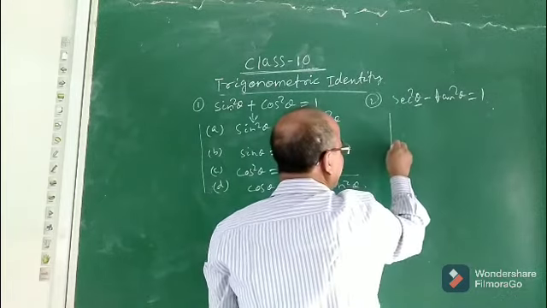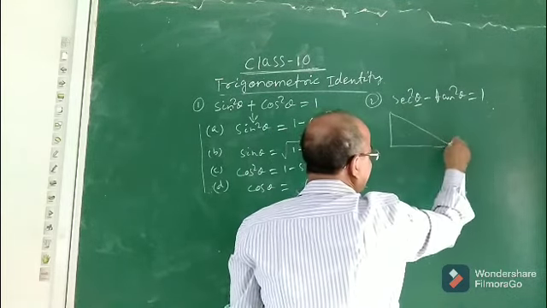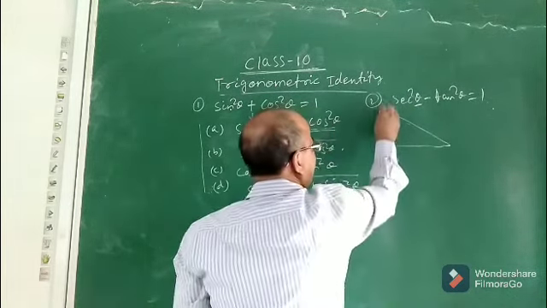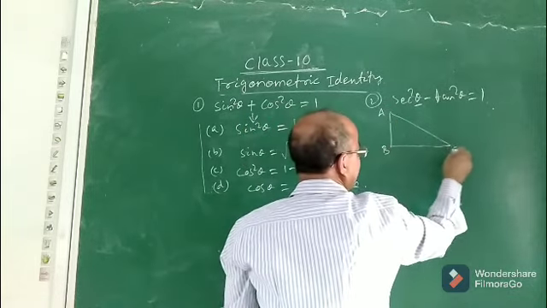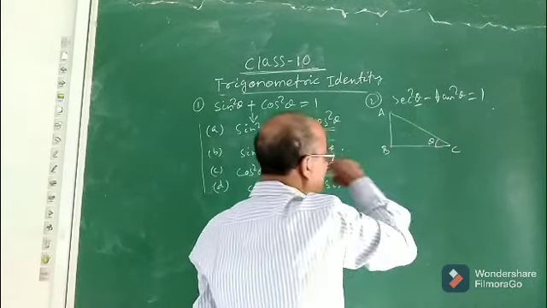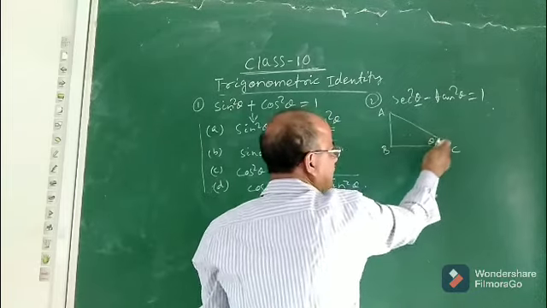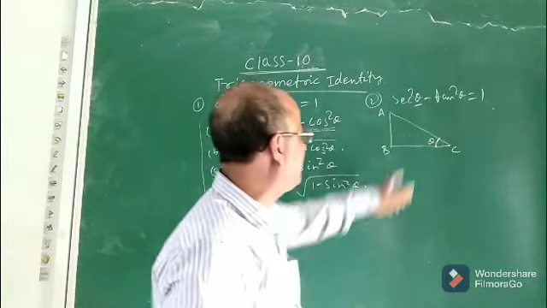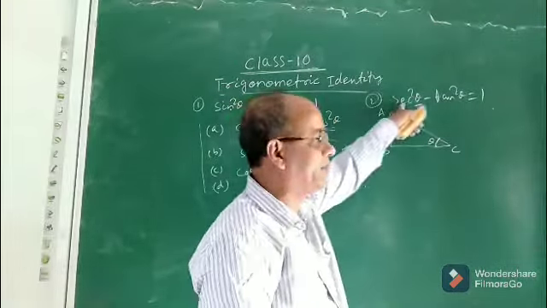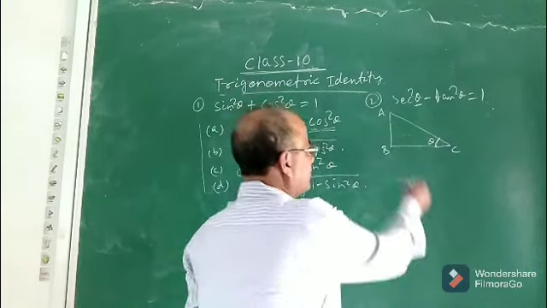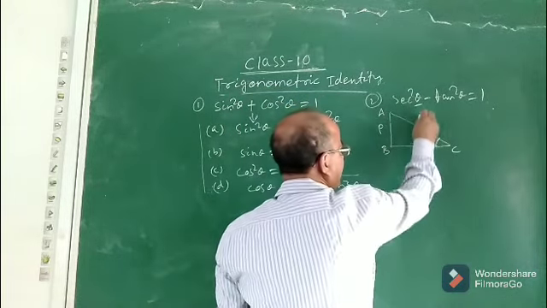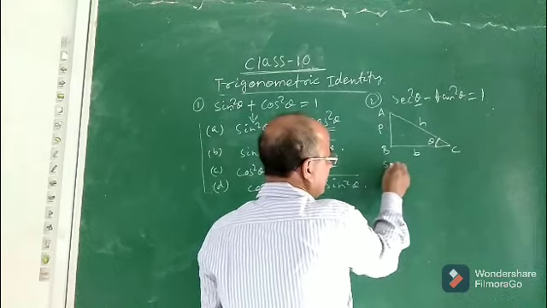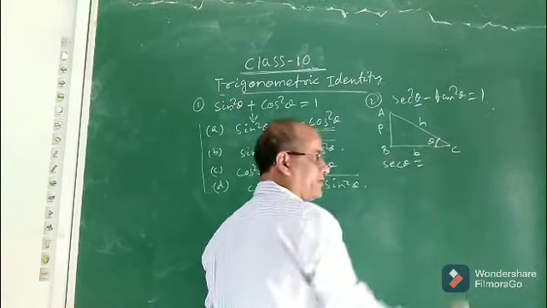To prove it geometrically, let us consider a right triangle ABC, and let this angle be theta. We want to find the trigonometric ratios sec and tan in this identity. This side is the perpendicular, this is the base and this is the hypotenuse. What is sec theta?